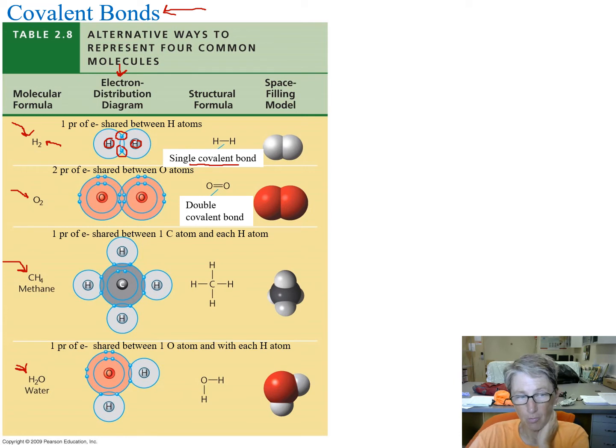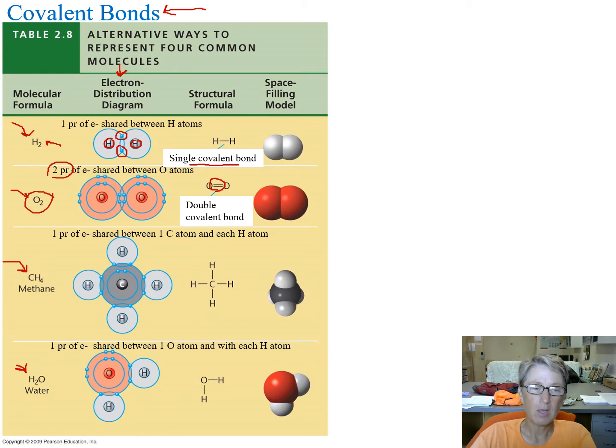So the hydrogen, to form molecular hydrogen, you're sharing one pair of electrons. In molecular oxygen, O2, you share two pairs of electrons. If you share two pairs of electrons, that means you have a double sharing bond or a double covalent bond.